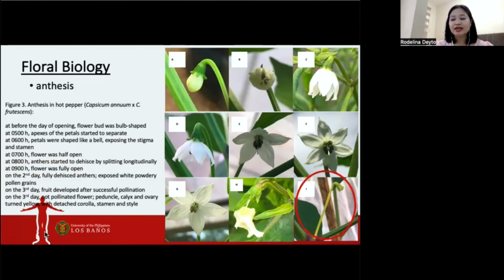On the third day, the corolla and stamen of pollinated flower were removed and the ovary was enlarged, starting to develop into fruit. While flowers that were not pollinated had peduncle, calyx, and ovary that turned yellow with detached corolla, stamen, and style, and eventually fell off and disconnected from the plant.